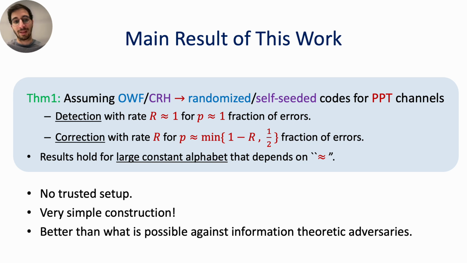So we get this result for both of them with the same parameters, with the same restrictions. Essentially, it's a unified construction. You can either plug in one-way functions or CRH, and you get equivalently either a randomized code or a self-seeded code. That is to say, you get the adaptive notion or the non-adaptive notion.